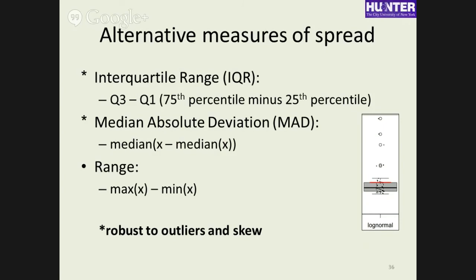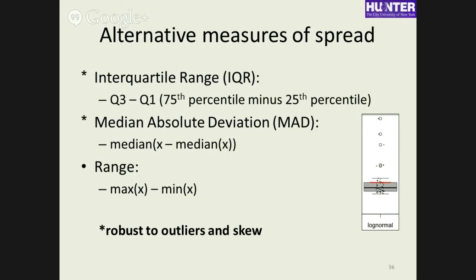So this is a complete enough listing of measures of spread that you might come across. The interquartile range, which I mentioned, is just that difference between the 75th percentile and the 25th percentile, or the third quartile and the first quartile. Median absolute deviation is meant to be a sort of robust equivalent of standard deviation.